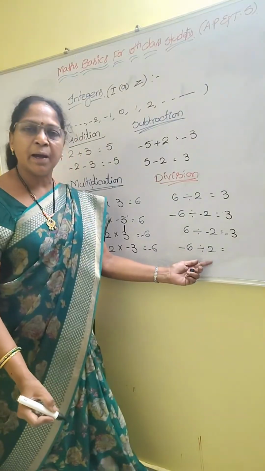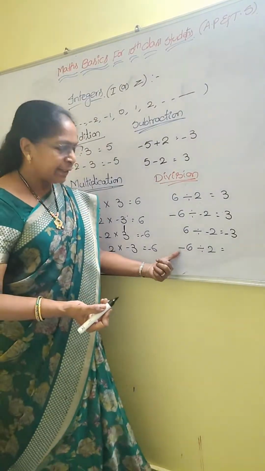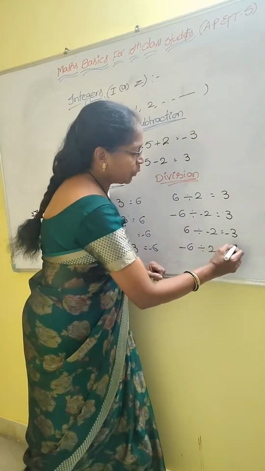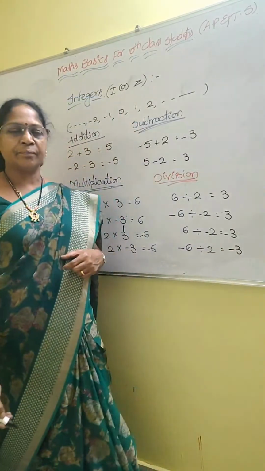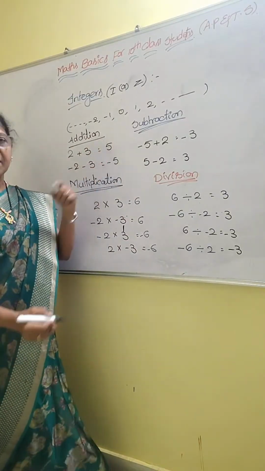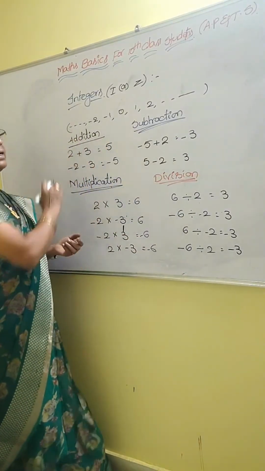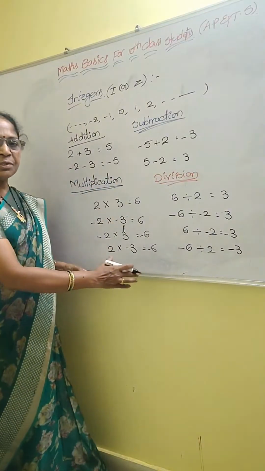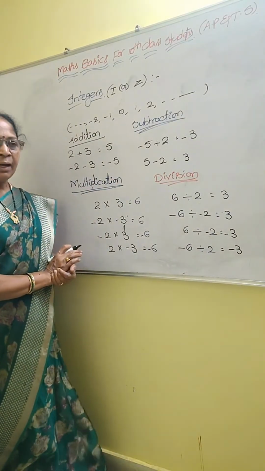Here also 6 by 2 equal to 3, but here 1 minus symbol is there, so you will get minus. These are the main basic fundamental operations of integers. These are the rules applied here. Any doubts in that?